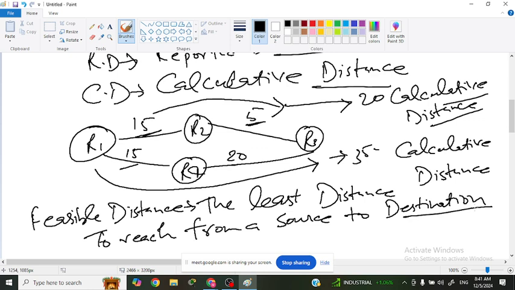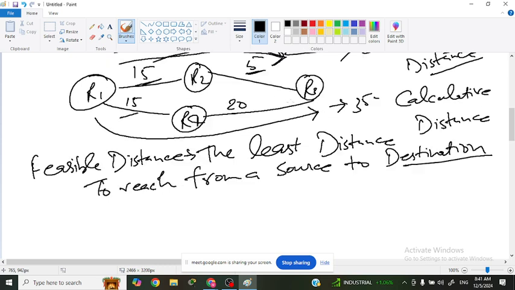Which one is the least distance? Router 2 path. So which will be the feasible distance? This one will be the feasible distance. Is it clear? Yes, sir.